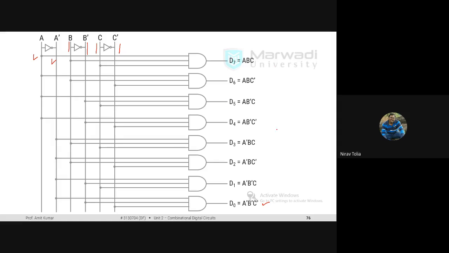From that we are drawing the logic diagram. So this is the logic diagram of the 3-line to 8-line decoder.